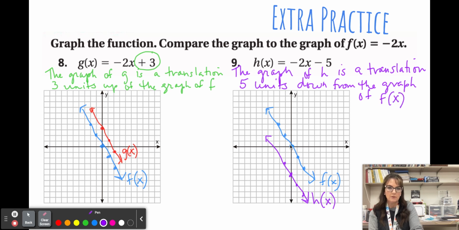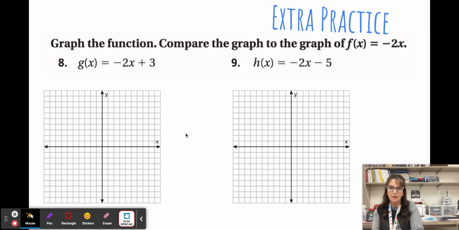Okay, so from here it went down 5 units, and we see that with this k value, right? That's how it translated that many units down. So we're just putting two graphs on there and then comparing them. Okay.